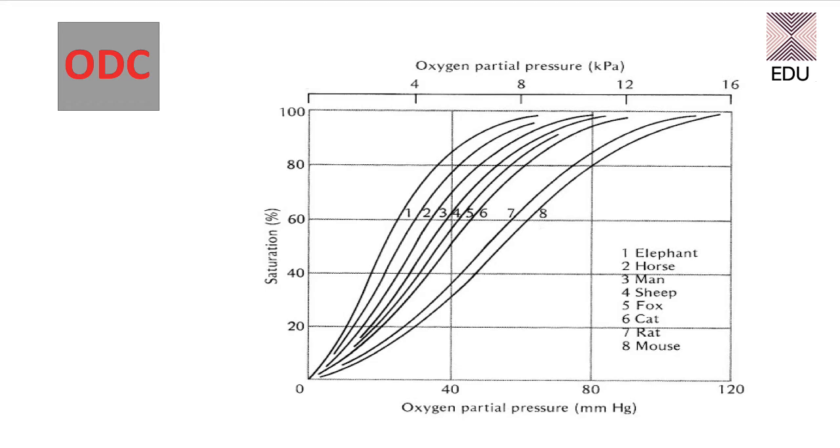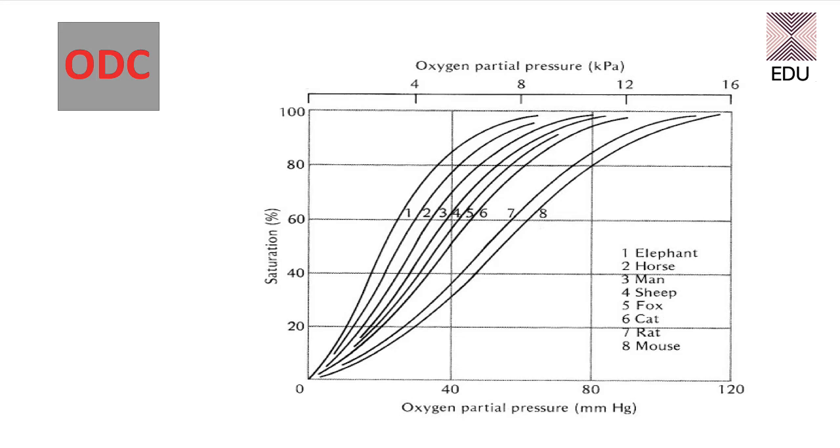Now if you see the first graph for the elephant, at 40 mmHg of oxygen partial pressure, the hemoglobin saturation is near 85 for the elephant.